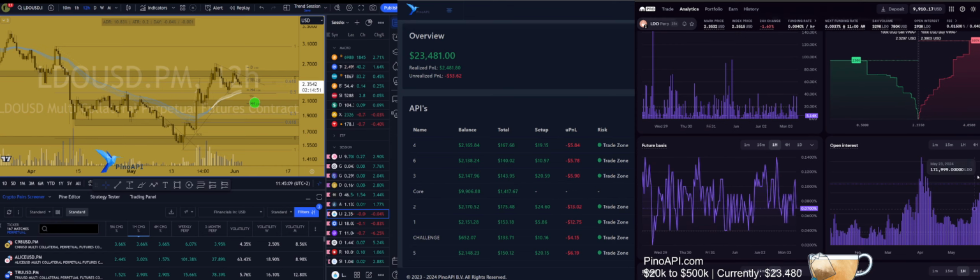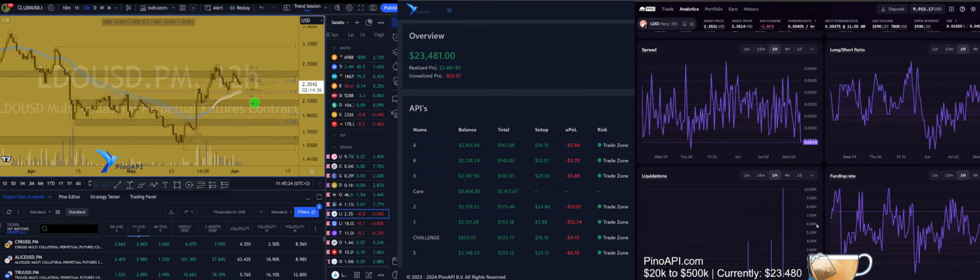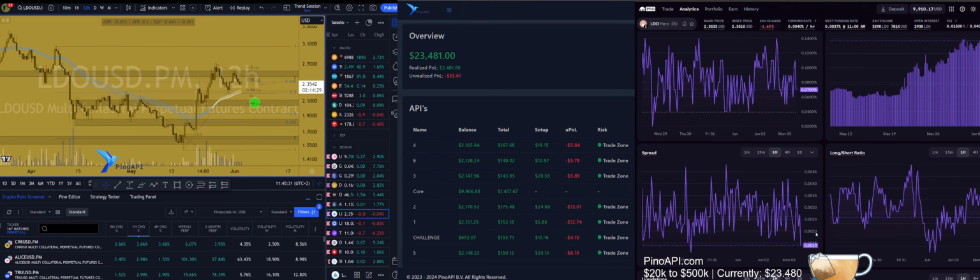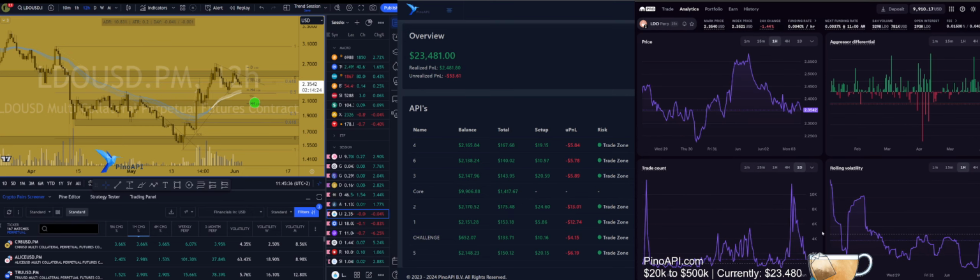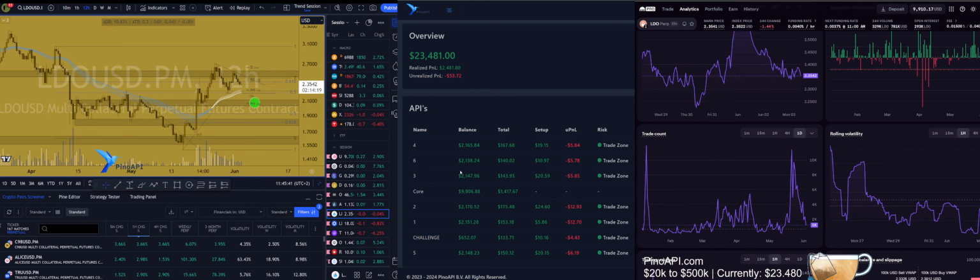This is funny because the open interest keeps going up, so there's definitely interest. I think LDO is decent, so I'll put it on purple.